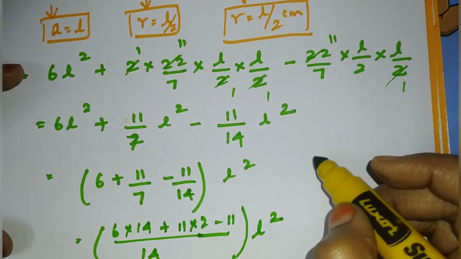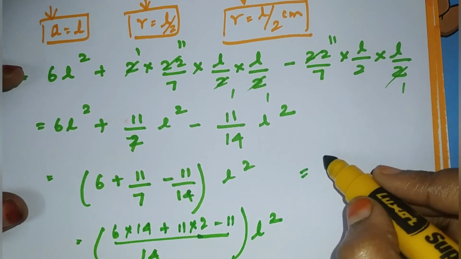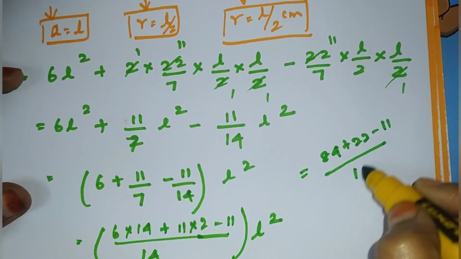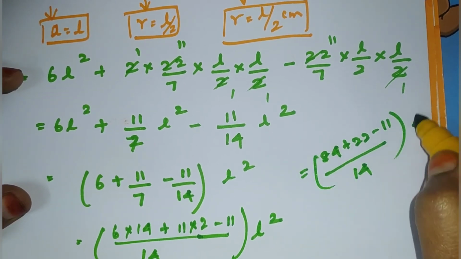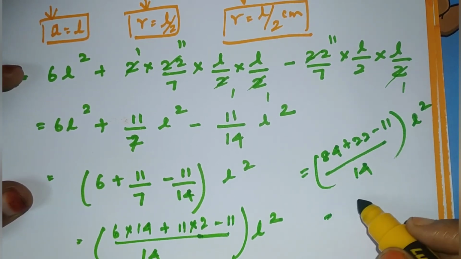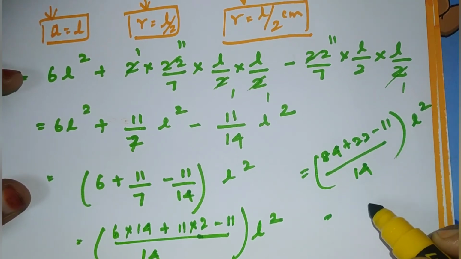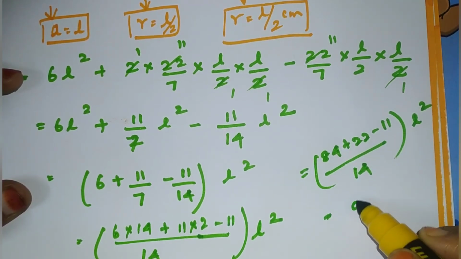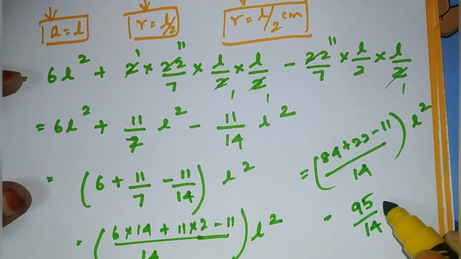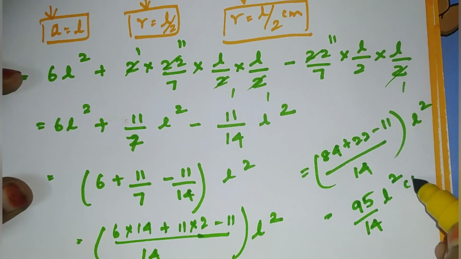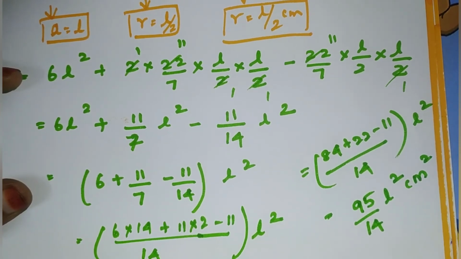So the answer is 84 plus 22 minus 11 divided by 14 L square. If you add this and subtract 11, you will get 95 divided by 14 L square centimeter square.